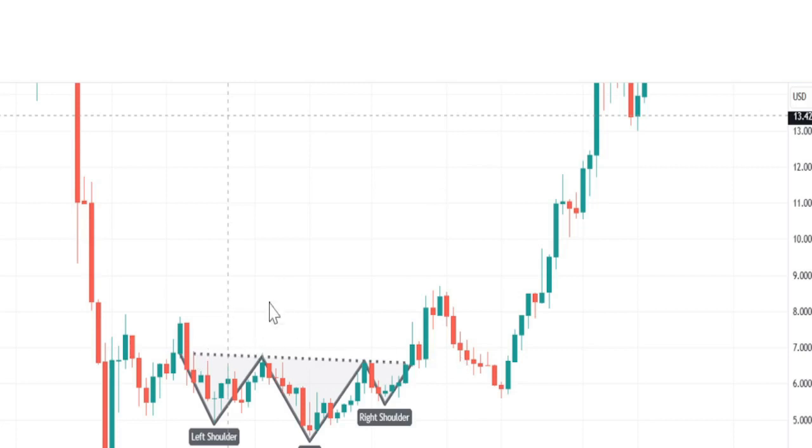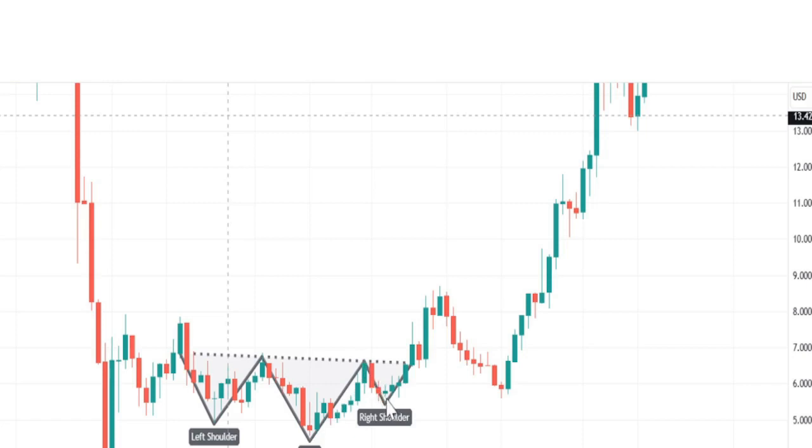So here's an example of an inverse head and shoulders pattern where the price pushes downwards, it moves over towards this neckline, it forms a new low, making the head, and it will therefore push upwards again, forming the right shoulder towards this neckline.